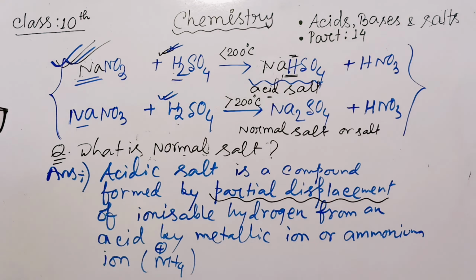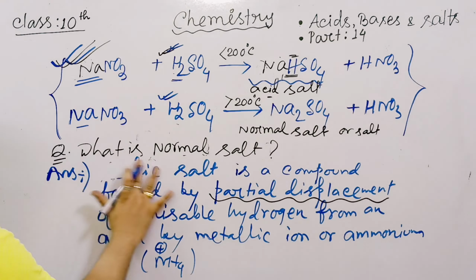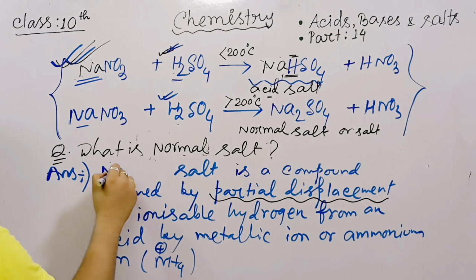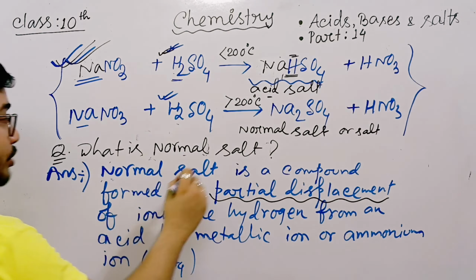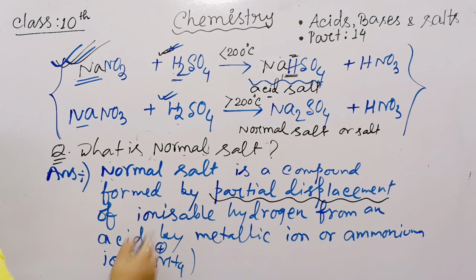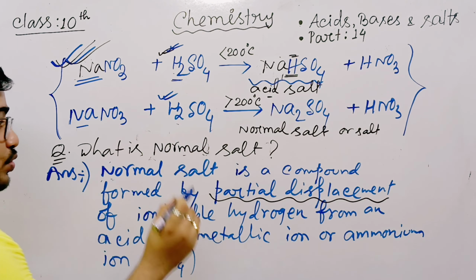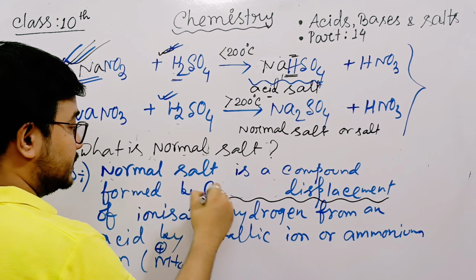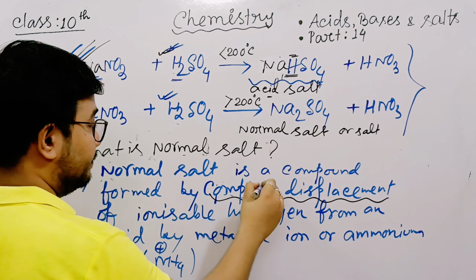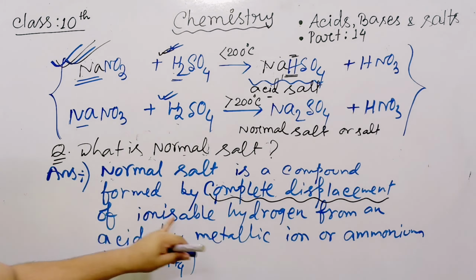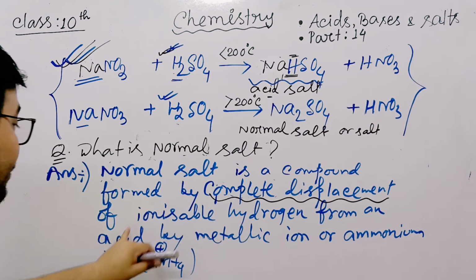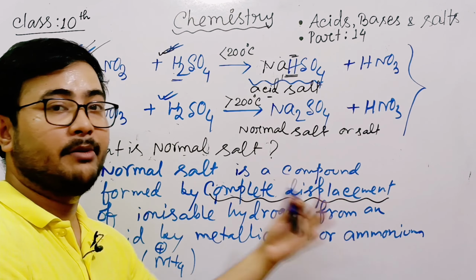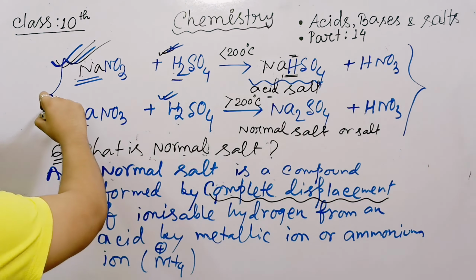See, a normal salt is a compound formed by what? Partial displacement? No. So rub out this word partial. It is complete displacement of ionizable hydrogen from an acid by a metallic ion or ammonium ion. Same to same. You can give this example.